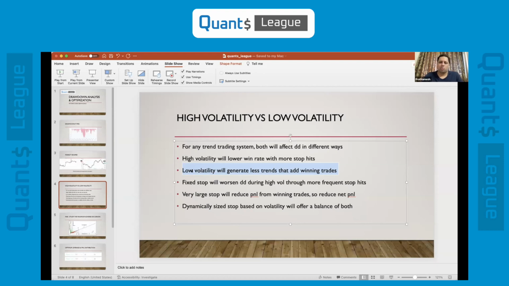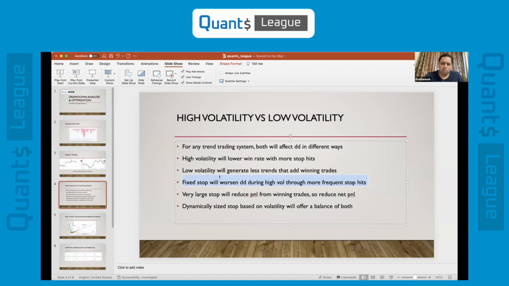So how do you control the drawdown? Because markets will oscillate between high vol and low vol. They're not going to stay at some baseline level of vol. So the worst thing to do is use a fixed stop loss, because even if you use a fixed stop based on points, the Nifty's level itself has changed very drastically. 5 years ago, the Nifty was something like 10,000 or lower, and now it's at 18,000.